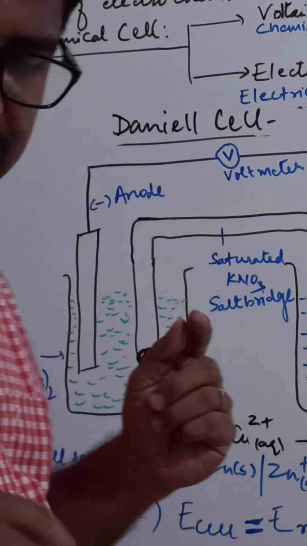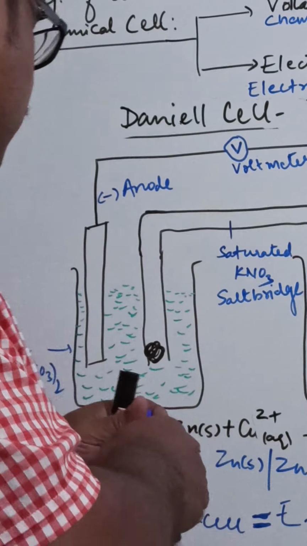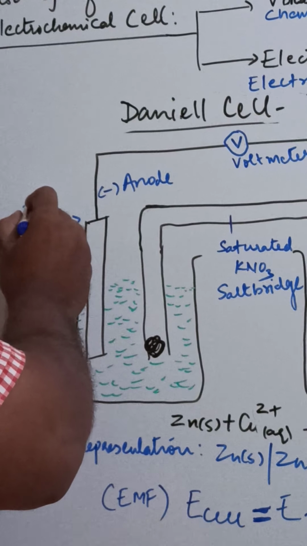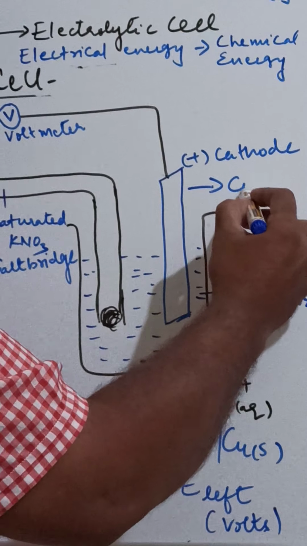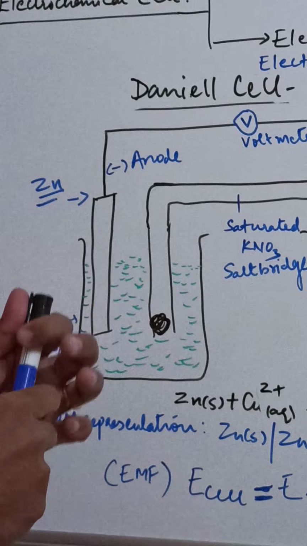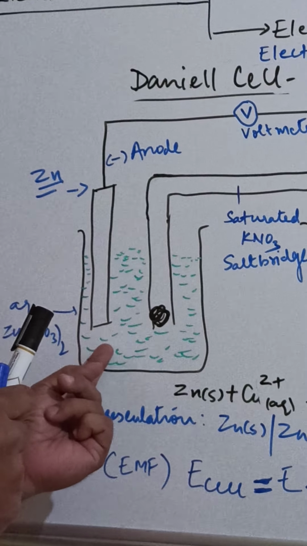Here this is your zinc electrode and this is your copper electrode. Now what happens? We have corresponding salt solution. You have zinc acting as anode.